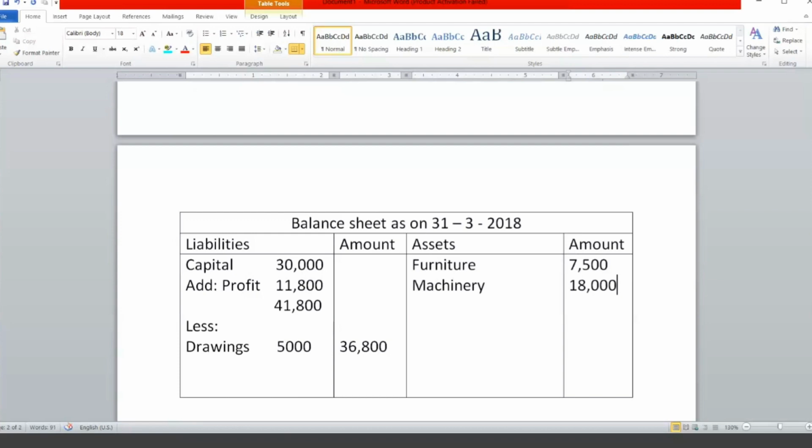After machinery, now come back. Drawings and capital done. Opening stock done. Purchase and sales done. Debtors and creditors. So let's take down the amount of debtors. Debtors is 10,000. Creditors is a liability, so write it down on the liability side.